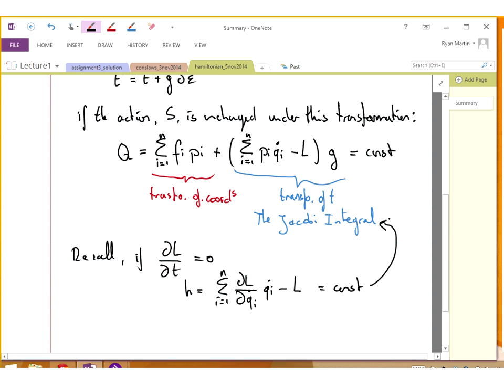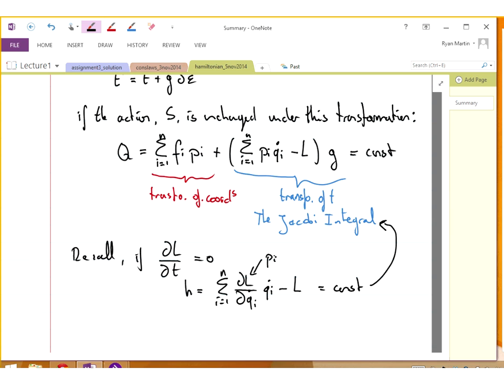That's the Jacobi integral, because ∂L by ∂qi dot is the definition of Pi, the generalized momentum. So this was called Noether's theorem.